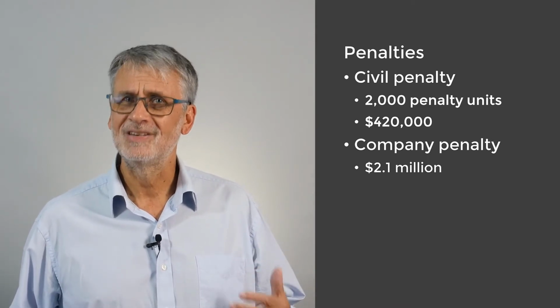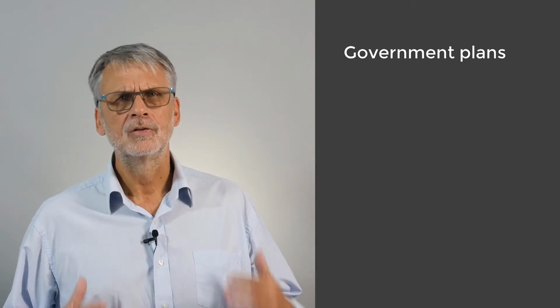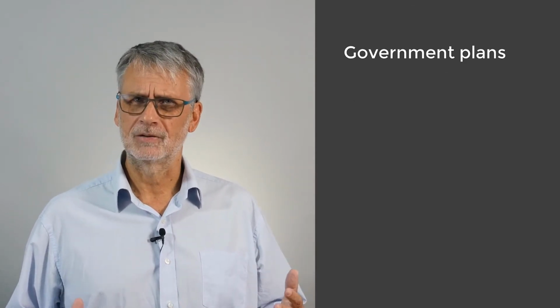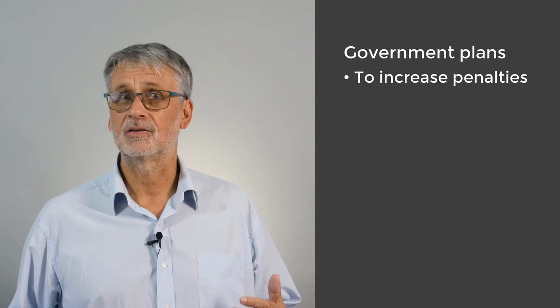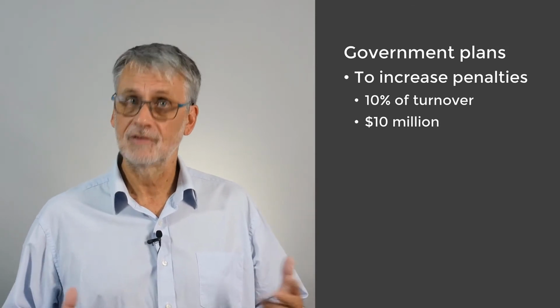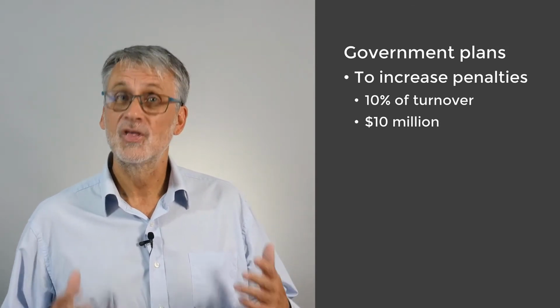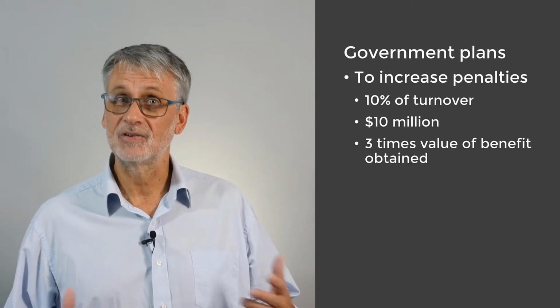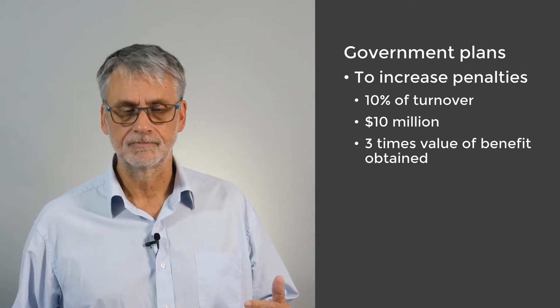From 2020, it's indexed. The Australian government plans to increase penalties to 10% of a company's turnover, or $10 million, or 3 times the value of a benefit obtained through information misuse.